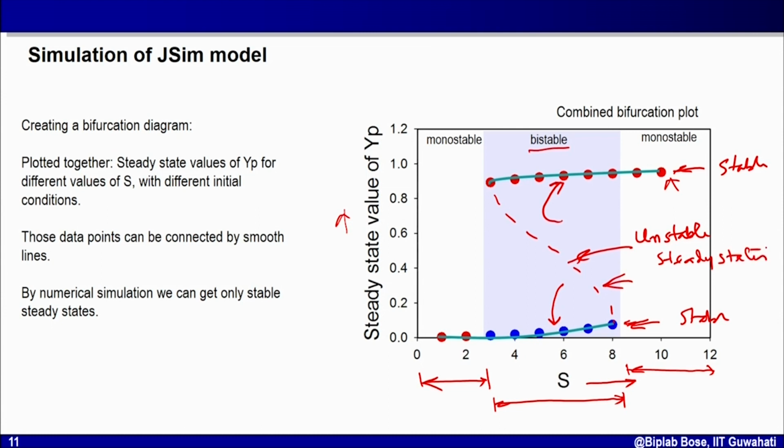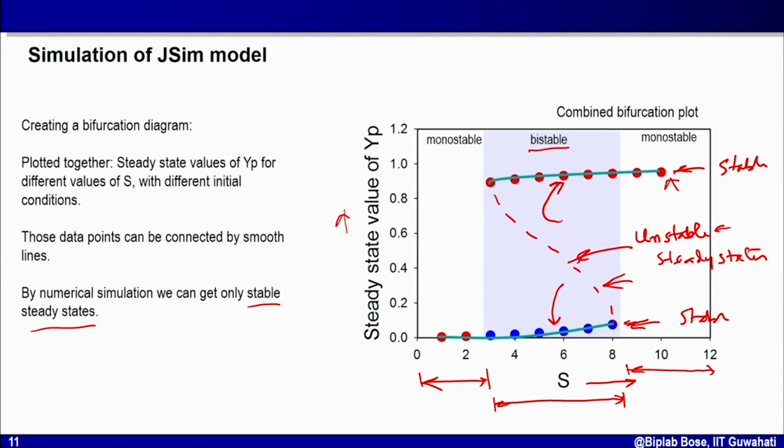But in numerical simulation, your simulation will never reach an unstable steady state. So you only get stable steady states. So this unstable steady state cannot be drawn by numerical simulation. So we only see the stable steady states.